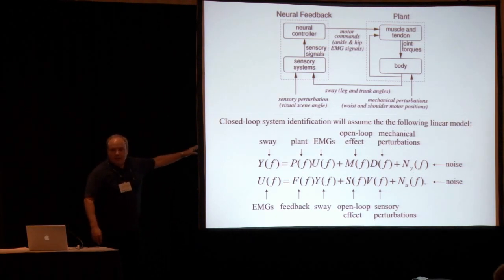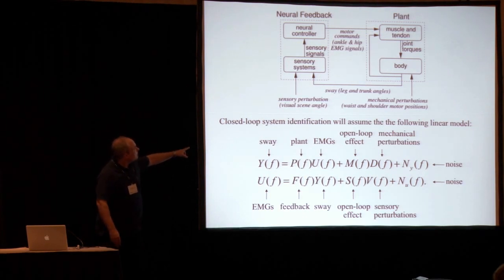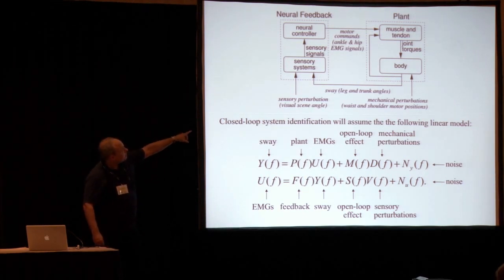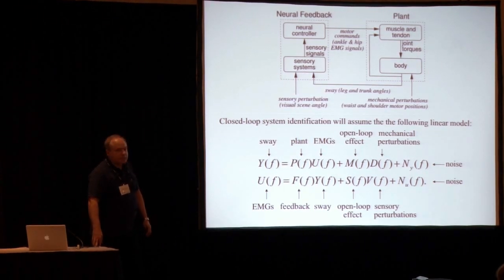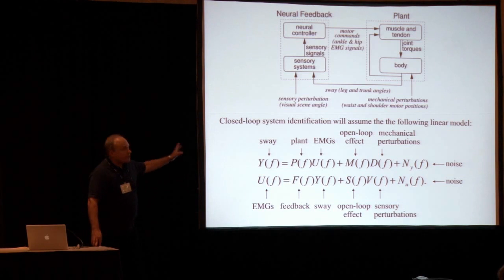I'm going to assume the following linear model, where we have a plant, which consists of muscles, tendons, and the body, and we have neural feedback, which includes sensory systems and the neural controller. I'm going to assume that sway, which is kinematics, has three sources.